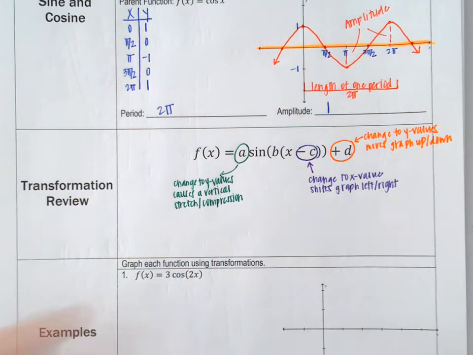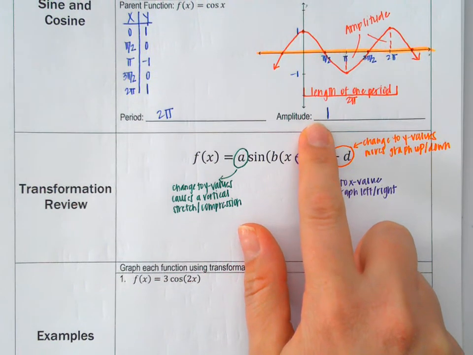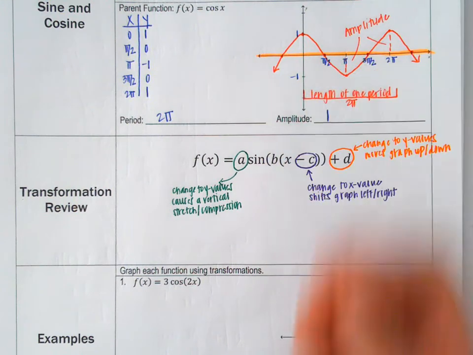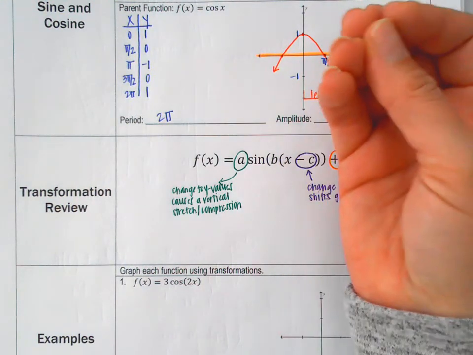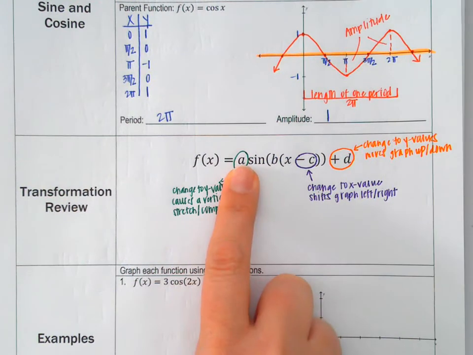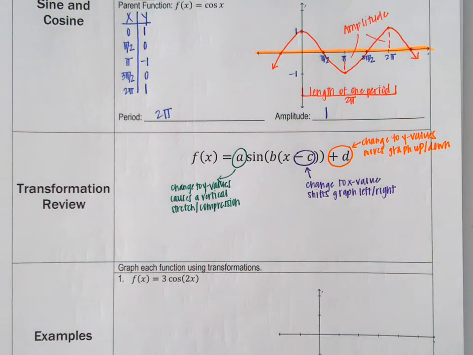Now, remember how I said there's a really easy way to find the amplitude. The amplitude is the height. And if that's stretched or compressed, that's what's going to change, right? And so if we look at the A, the absolute value of A will always tell me the amplitude.